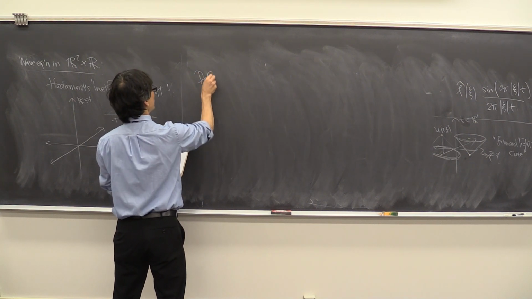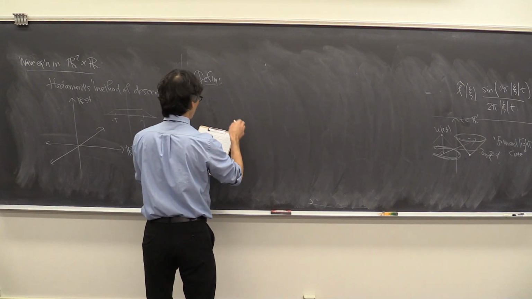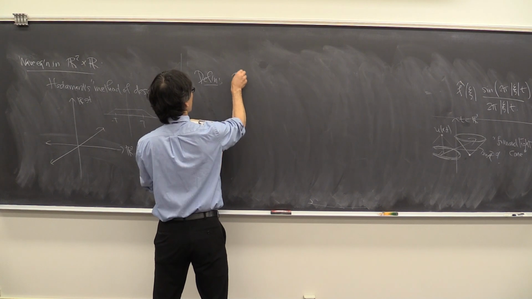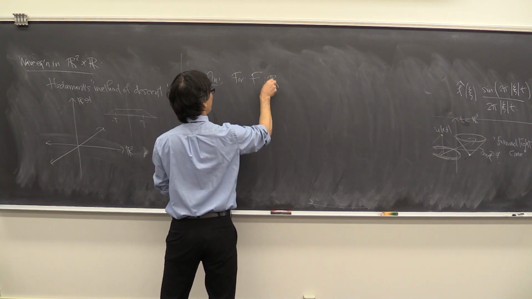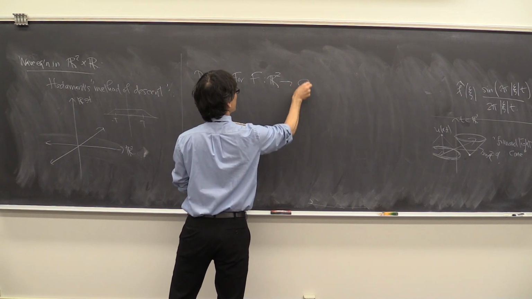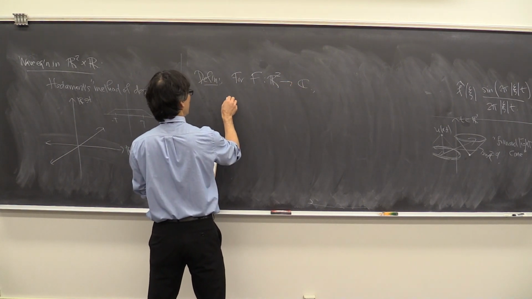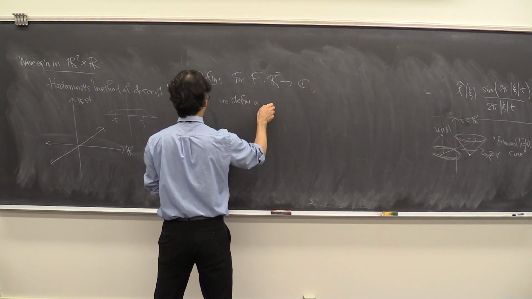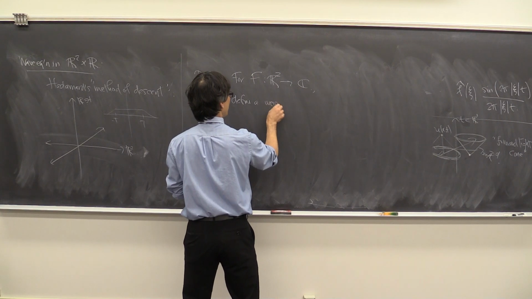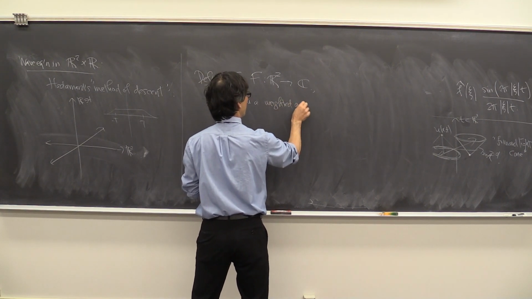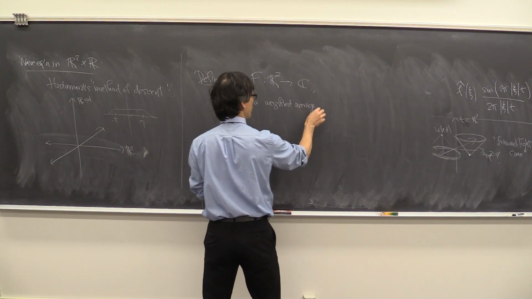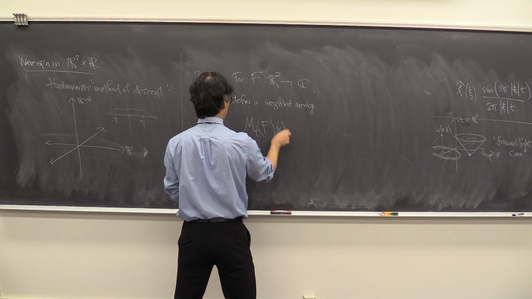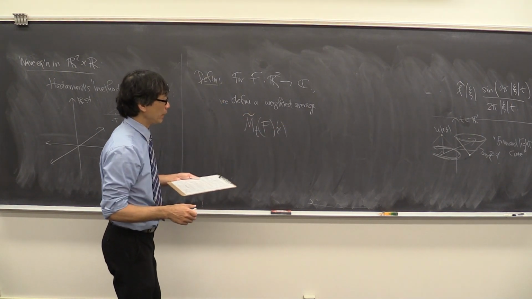We need to introduce an idea. For a function f on R2, we define a particular weighted average, M_t twiddle f at x.